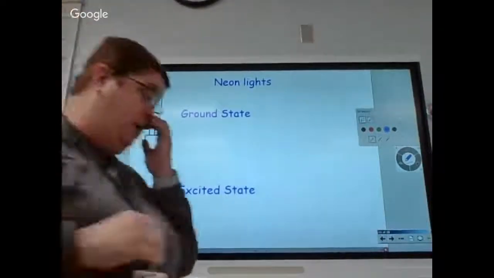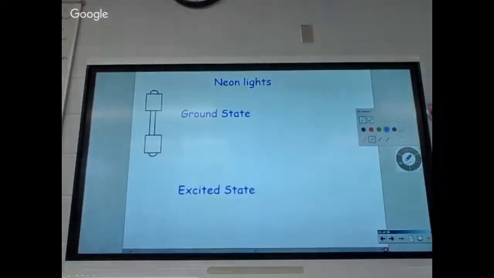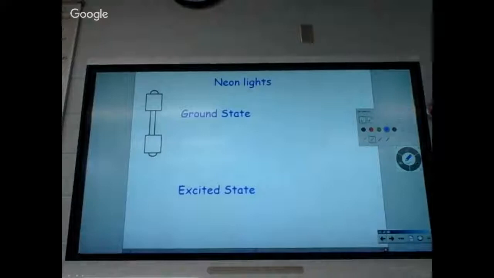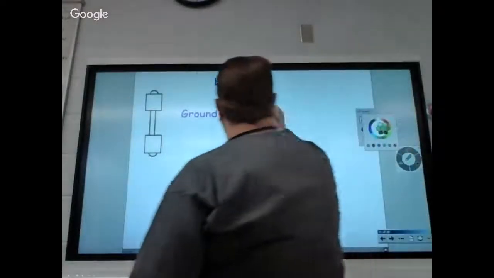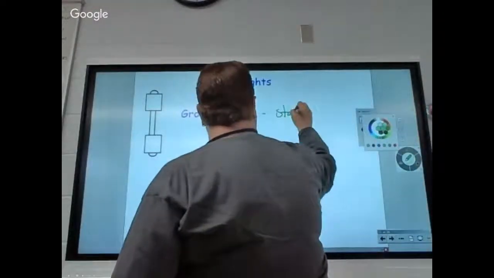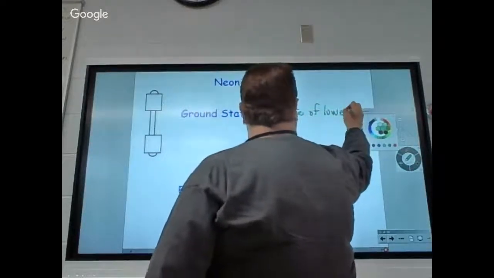All right, so my neon light looks like that. Now, at the moment, my neon light is in what's called ground state. The ground state is a state of lowest energy.